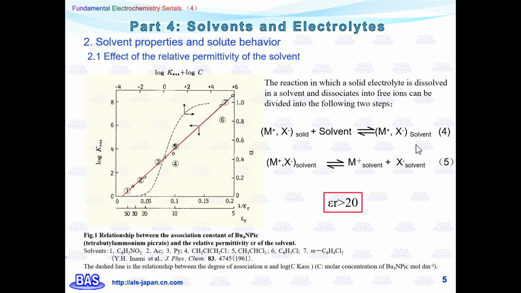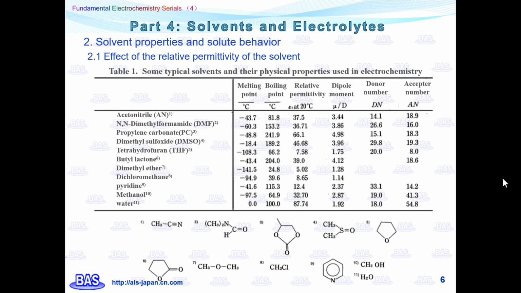Solvents used for electrode reactions should be able to dissolve the supporting electrolyte and must be able to dissociate into ions to a significant degree. So, solvents with a large relative permittivity above 20 are usually used. Some typical solvents used in electrochemistry are listed in Table 1, along with their physical properties.